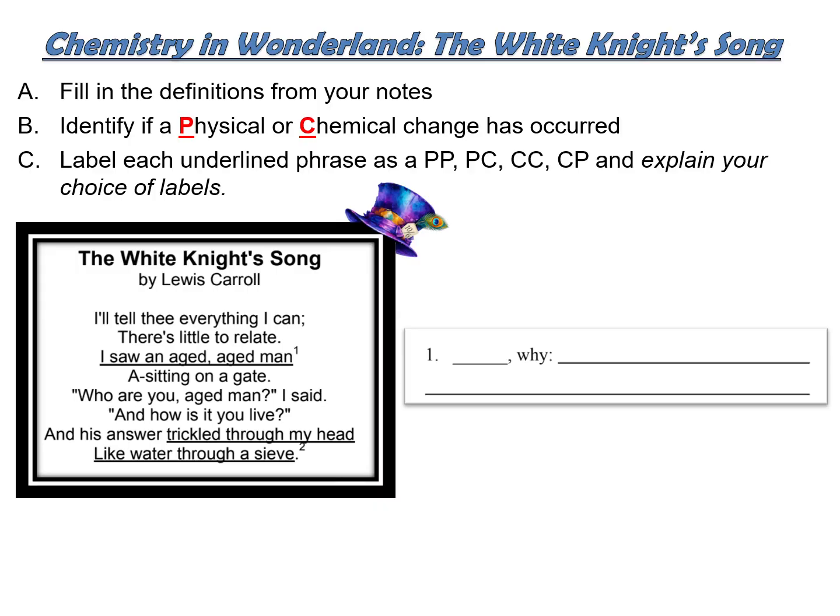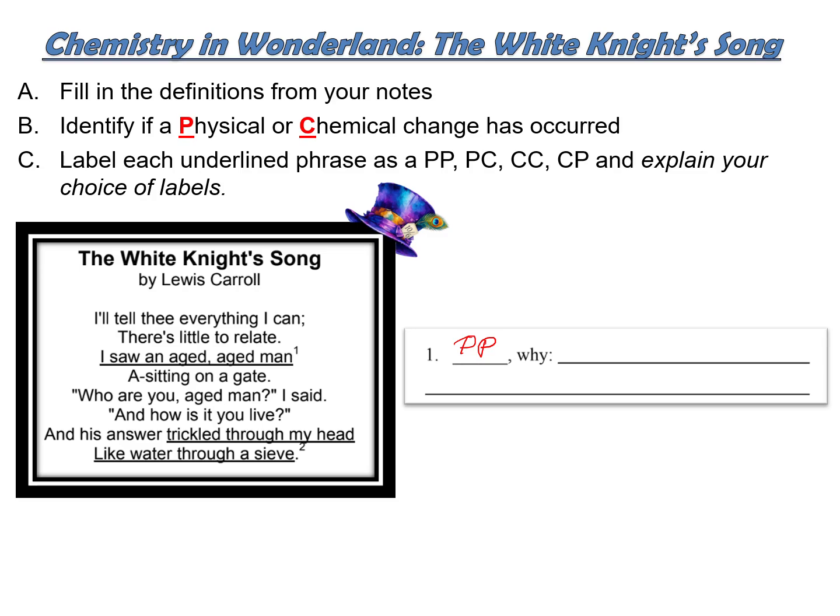I saw that he was an old guy. So that's just going to be a physical property. So you would write down PP in the blank, and then your explanation, which is actually the key part to this. If you just write down the labels and you don't give me any justification, you're going to get it wrong. So why? Looking at him didn't change it.